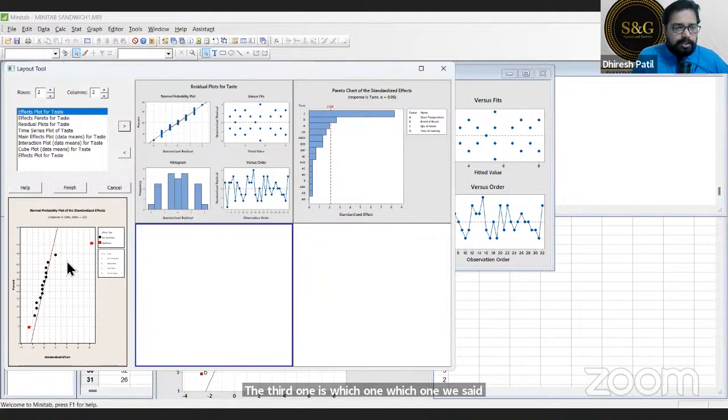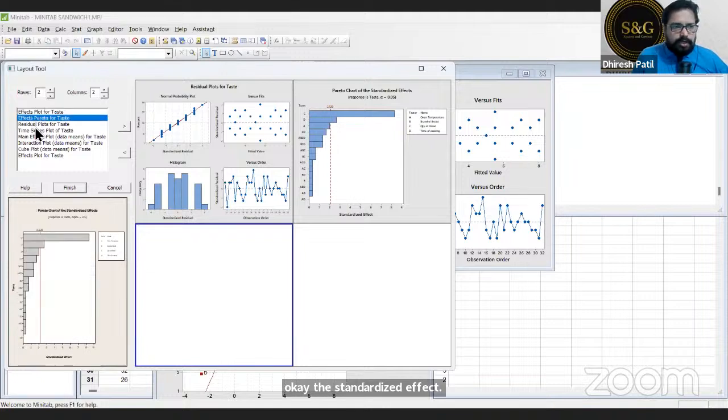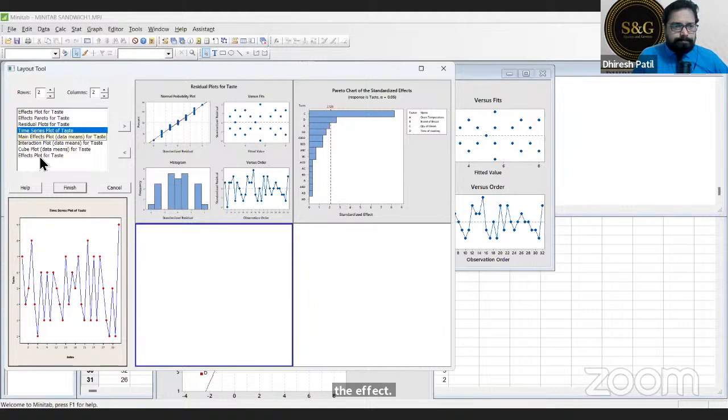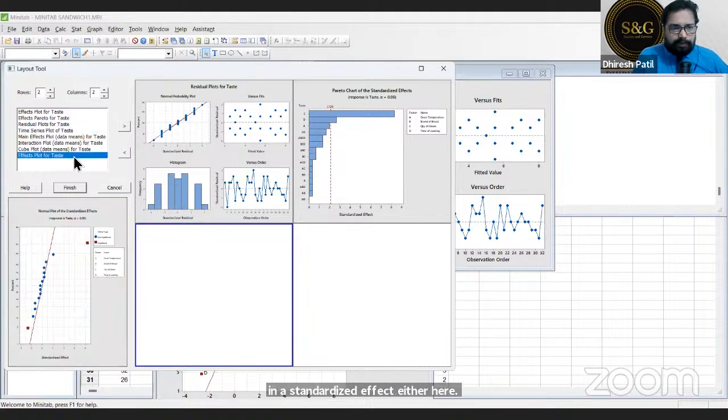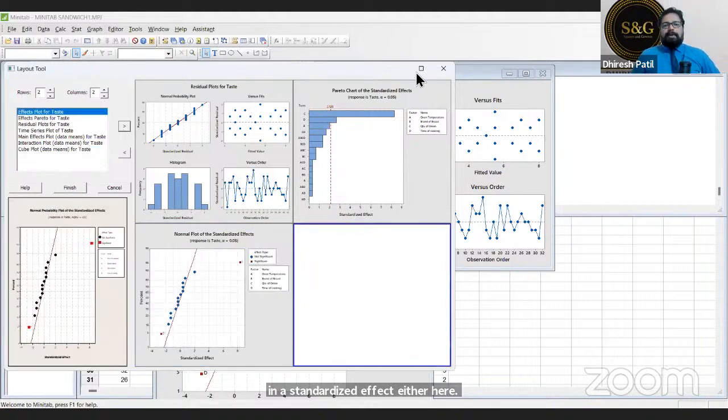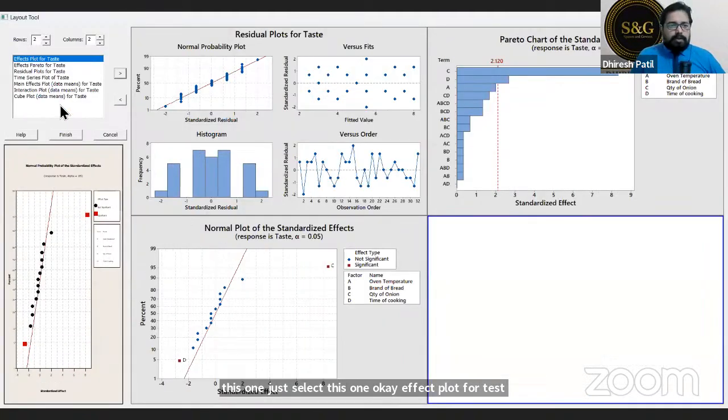The standardized effect. Just select this one. Okay. Effect plot for test. Everybody got this? 3 factors. So residual plot, Pareto chart, and standardized effect normal plot.